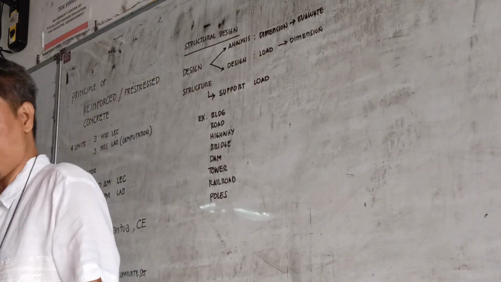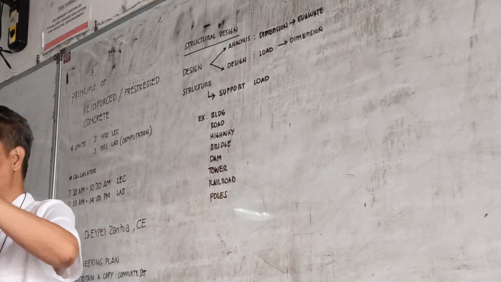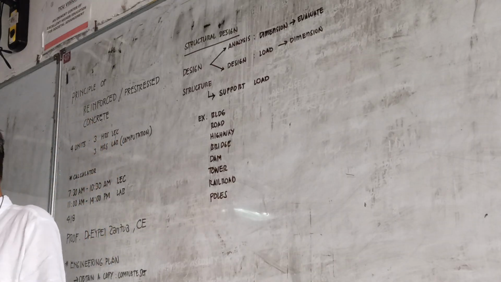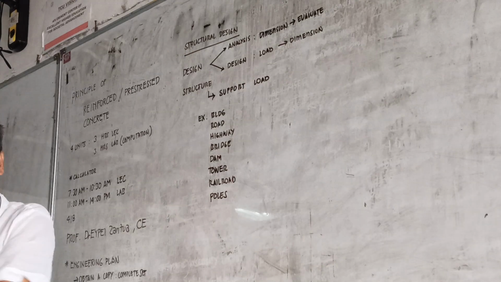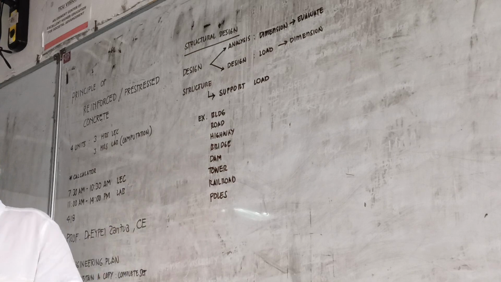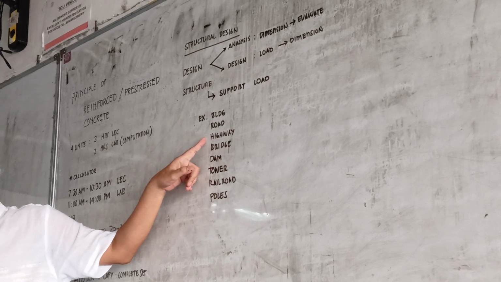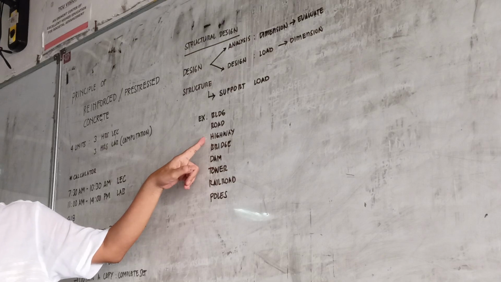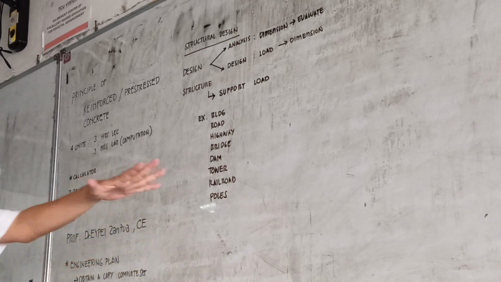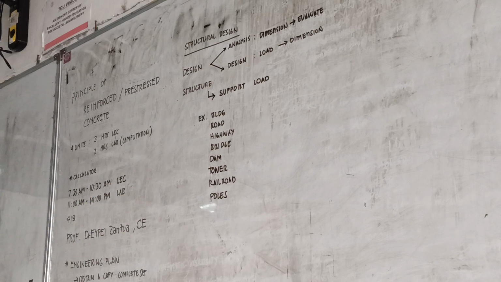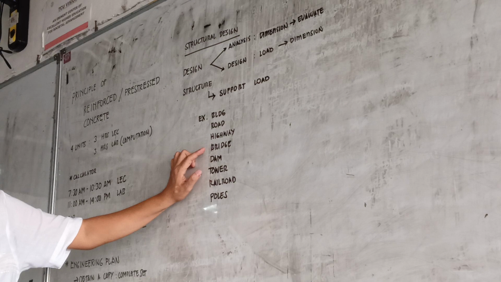If you say DOST, DOST is again a very broad example of structure. There are plenty of smaller structures inside: plenty of buildings, plenty of roads and highways. DOST is very large, that's why there are highways, meaning more than 2 lanes, inside the DOST compound. We also have a bridge inside DOST.